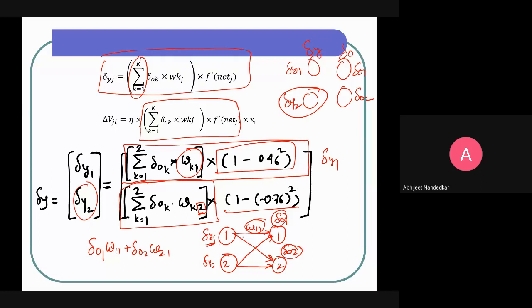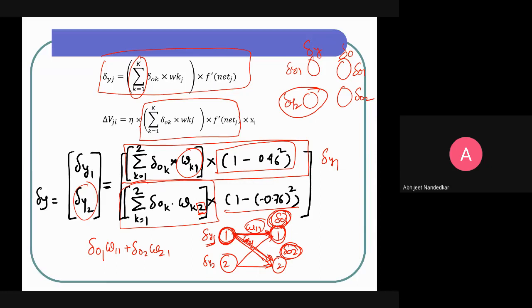So where is W21? This is W21. So these are the weights connected to this hidden unit and connected to the next layer. These two weights are getting multiplied by the error signal for these units, that is, the output units.